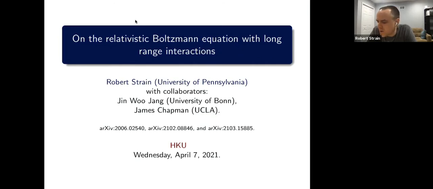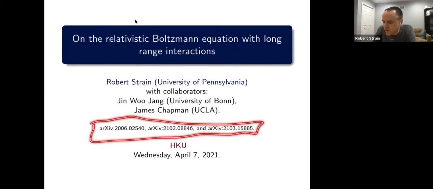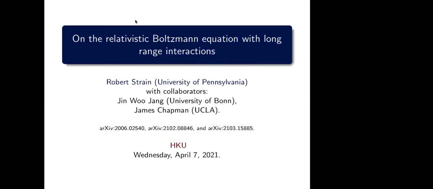He got involved because he was helping me with some numerical experiments, and now he's a graduate student at UCLA in mathematics. So I'm going to tell you about these three papers. They're connected, so it's not really three different results, but a chain of research.